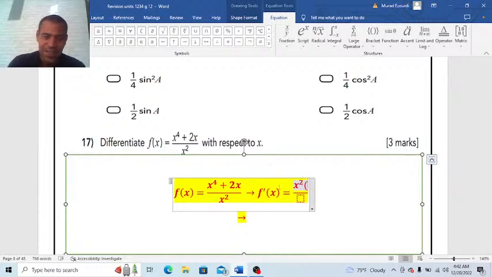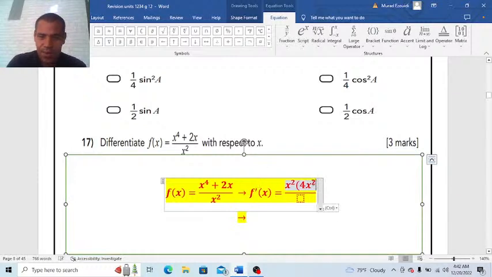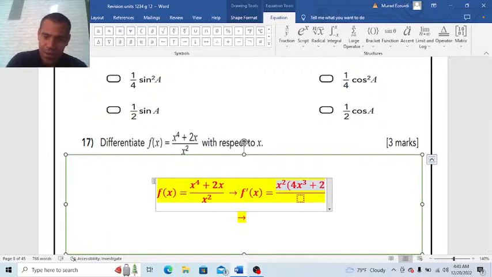The first derivative of this will give 4x to the power 3 plus 2, because the first derivative of 2x is 2. I close the parentheses.